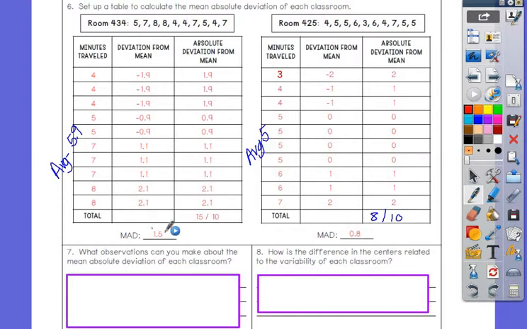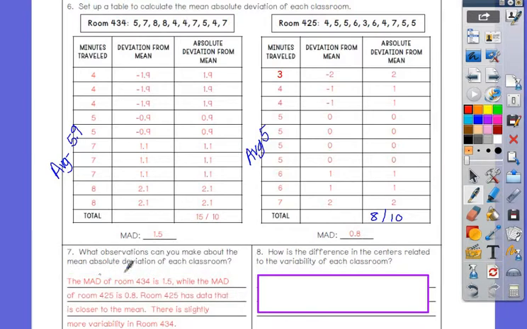Okay, the MAD score here is 1.5. Well, that's kind of further away from 0. So that means your data values here are going to be a little more spread out or further from your average of 5.9. Most of them are around 5.9, which is pretty close to 6. But some of them were a little further away. So what observations can you make?